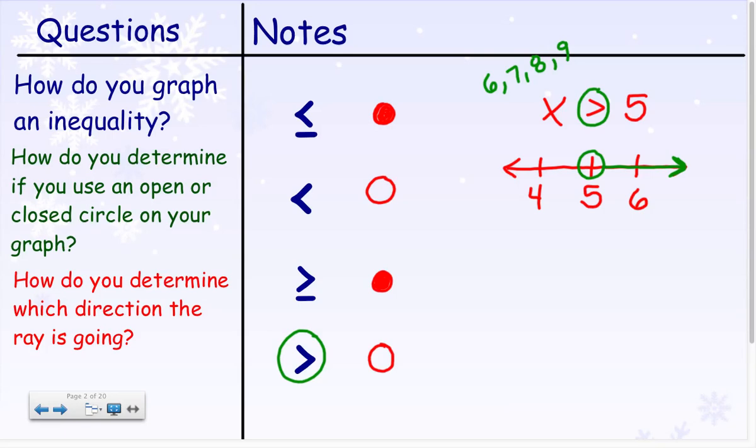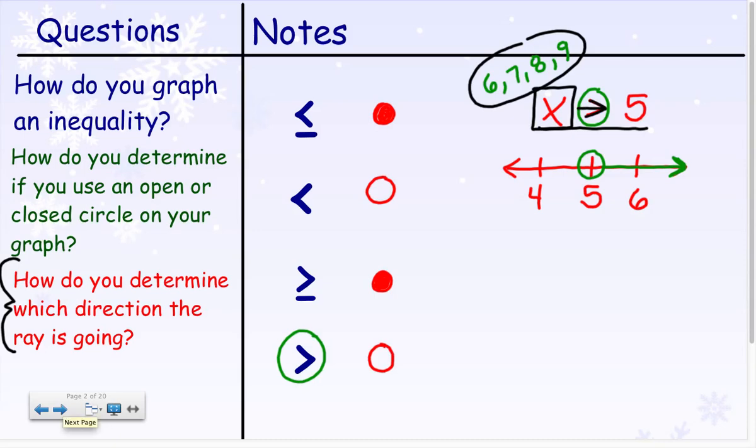The next part in this question says, how do you determine which direction the ray is going? Well, you have a couple possibilities. Like I said, we listed out numbers that were greater than 5. That's one way to figure out which way your ray is going. Another trick is if your variable is on the left, you can think of the inequality sign as an arrow.